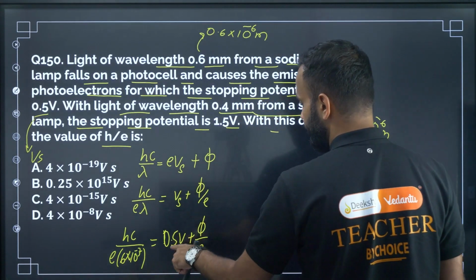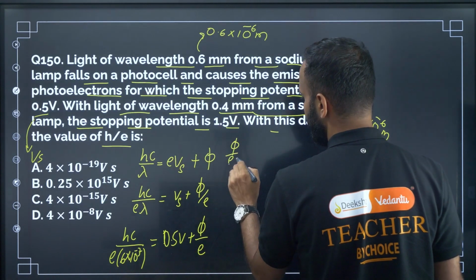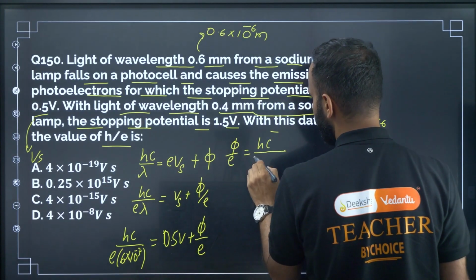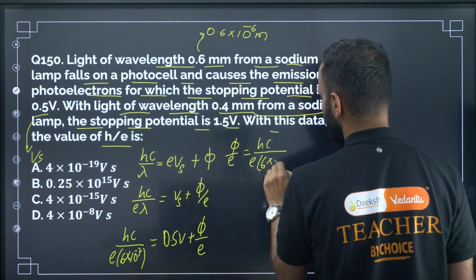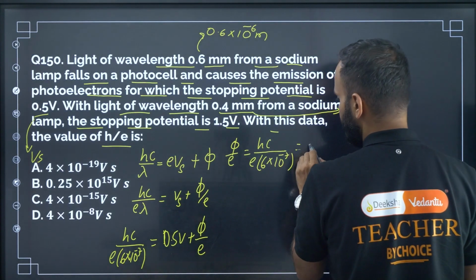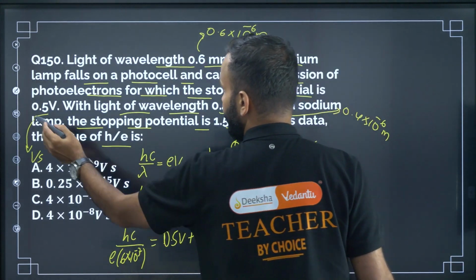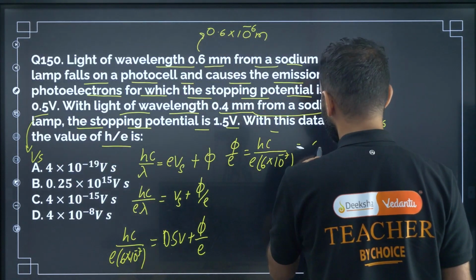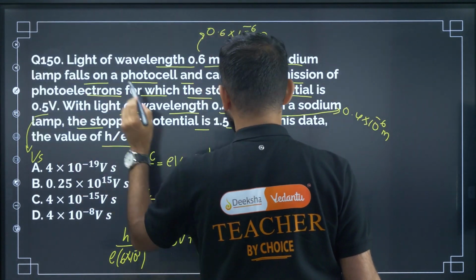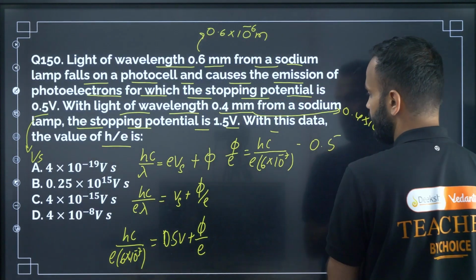So now I can rewrite this equation as phi by e is equal to hc divided by e into 6 into 10 to the power minus 7, minus 0.5.